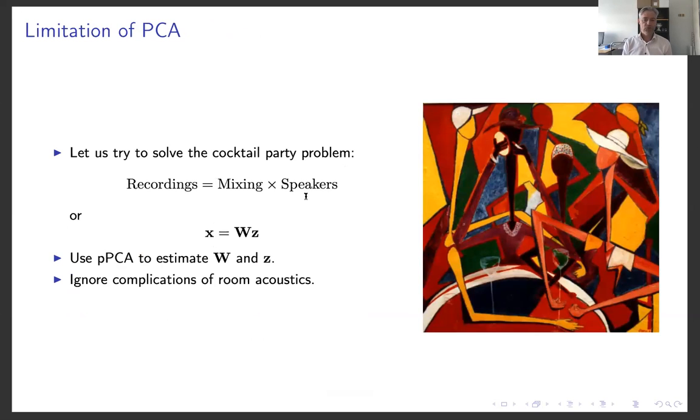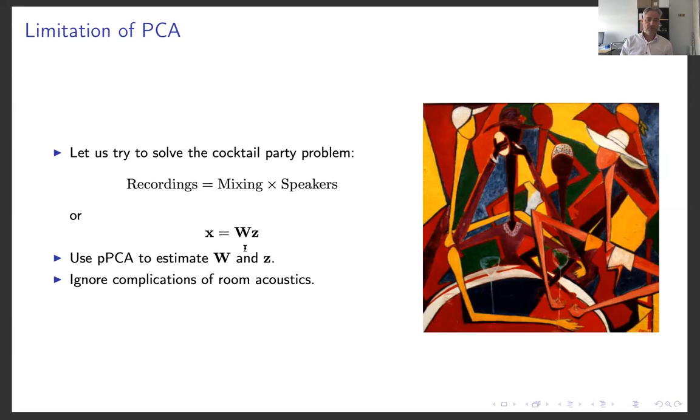So if we try to solve the cocktail party problem, that means that we imagine that X is now the recording of, for example, a stereo recording, and we have two speakers, for example, or three, and then W is the mixing, corresponding to the path of the sound from the speakers.